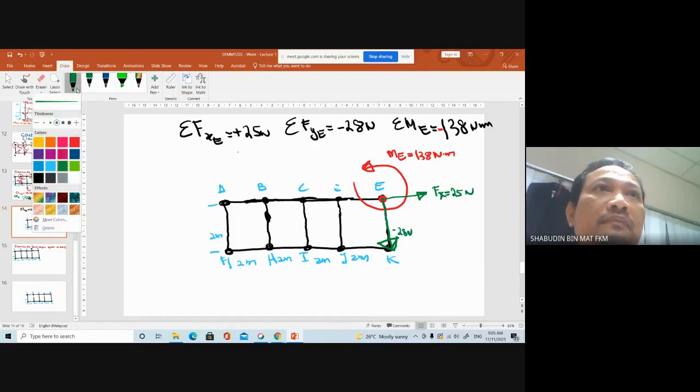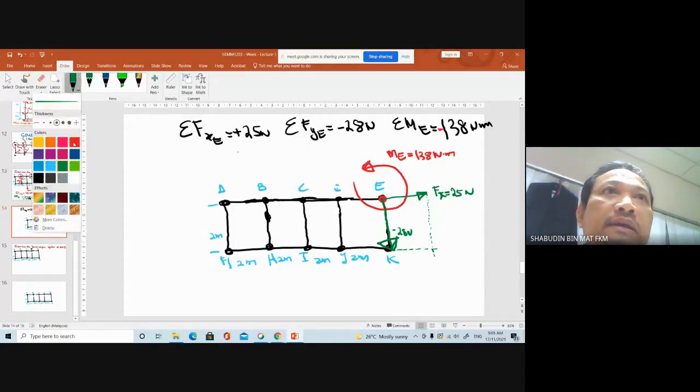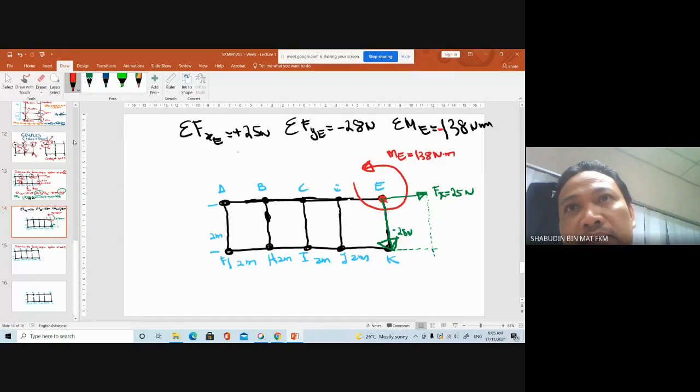Then get to me the resultant of these two forces. So it's going to be FE and theta. This is a total force at point E, and you have theta.